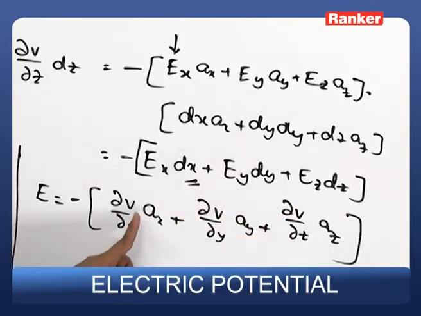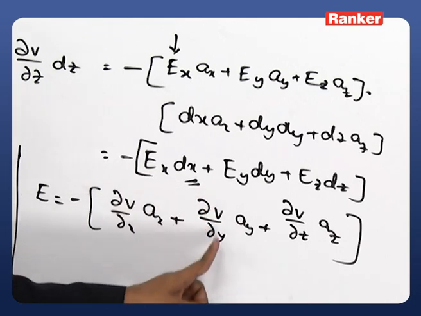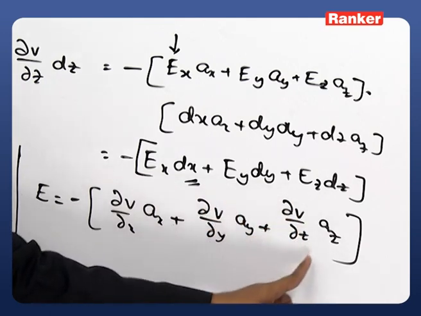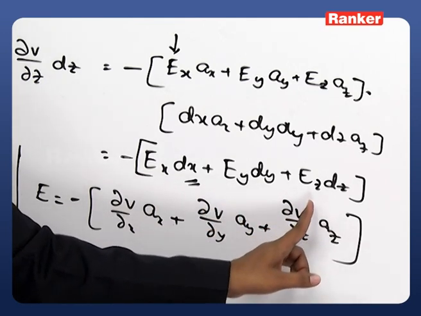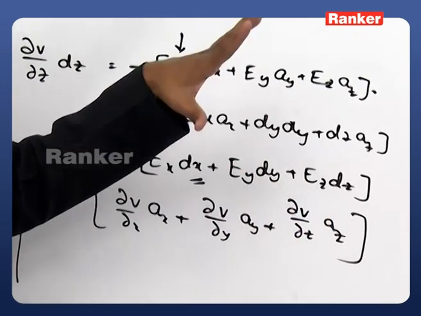Now just observe here, this V is a scalar quantity, it's not a vector quantity. So dou by dou x Ax on a scalar, dou by dou y Ay on a scalar, dou by dou z Az on a scalar, right? So clearly this represents the gradient of that particular scalar.